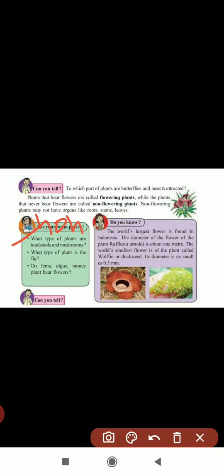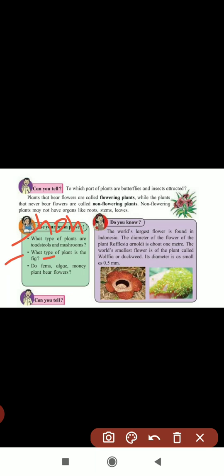What type of plant is a fig? Fig is a fruit, and a fruit comes from a flower, so the fig is a flowering plant. Next, do ferns, algae, and money plants bear flowers?